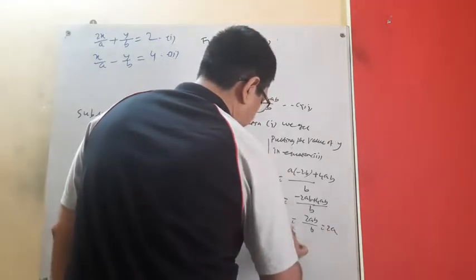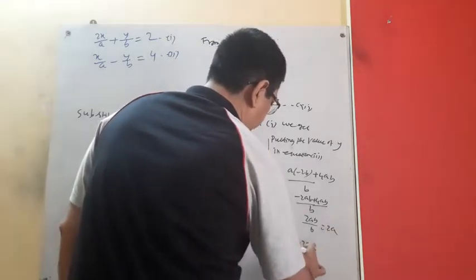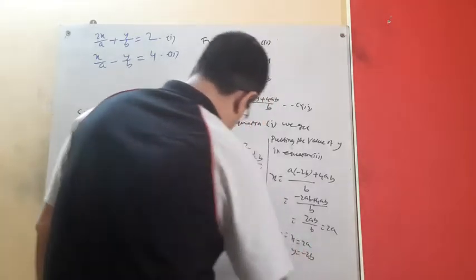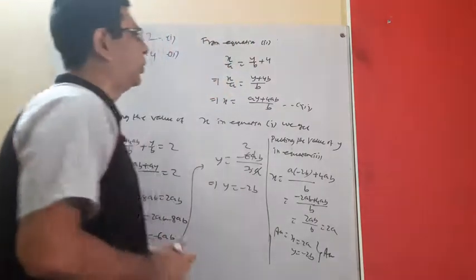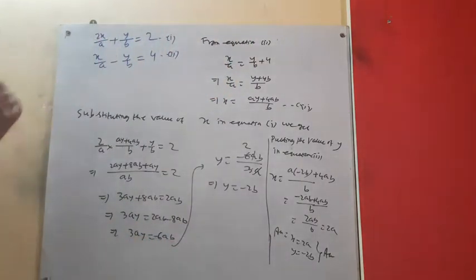So what is the answer? x equal to 2a and y equal to minus 2b. This is the answer. Students, you can solve in any method.